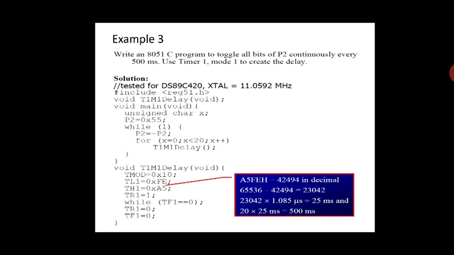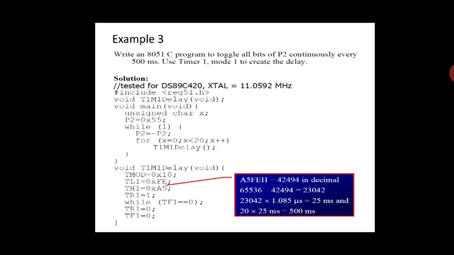I am using the DS89C420 with an 11.0592 MHz crystal oscillator. Unsigned char: x is of type character, it takes 8 bits, and it is unsigned, meaning it holds only positive values.